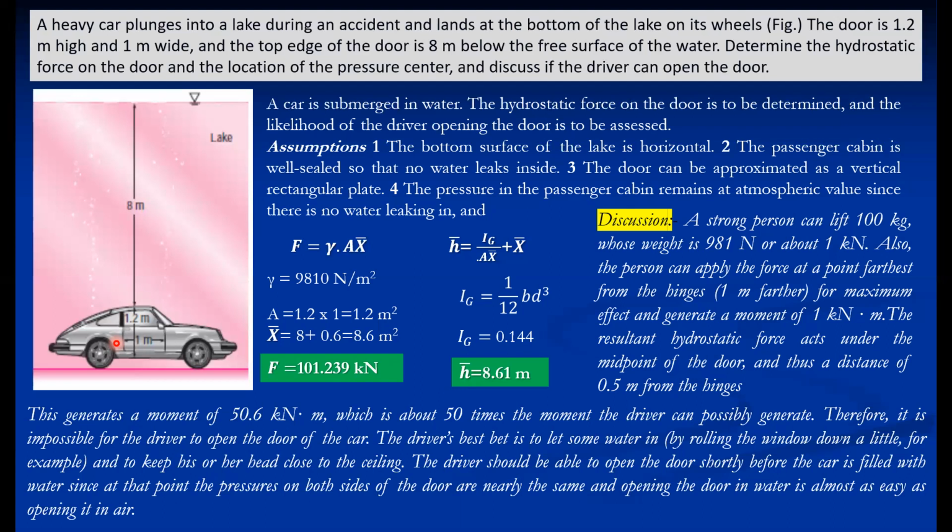The best way is to allow some water inside the car, and then when the forces are equalized, we can open the door. There are equal forces on both sides, then the person can push the door as well. This is the first example where we can see the actual real situation converted into a vertical plane surface.